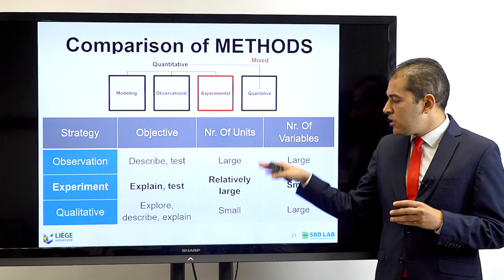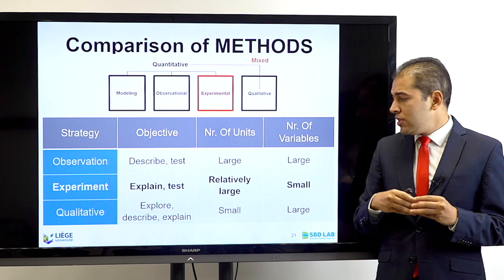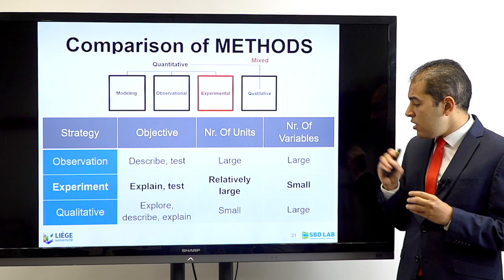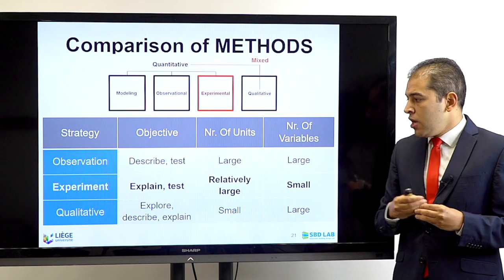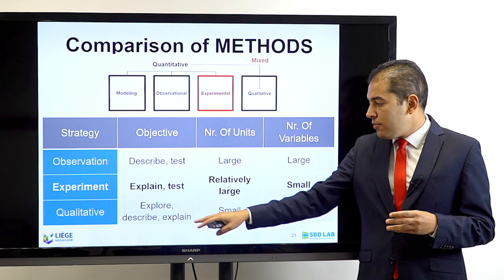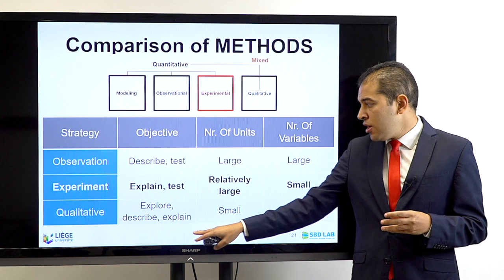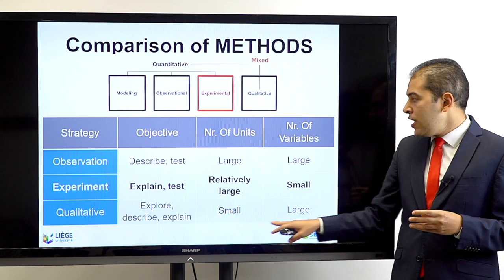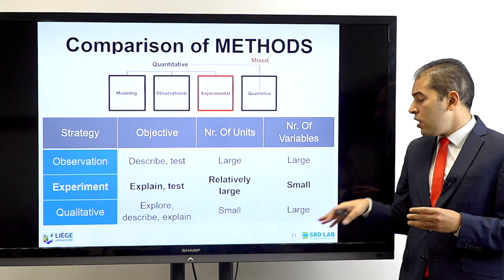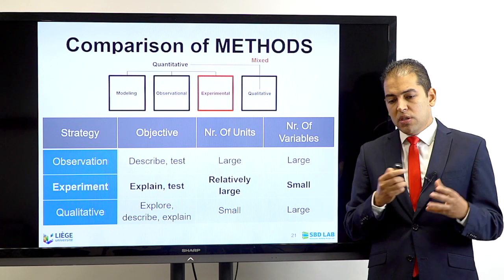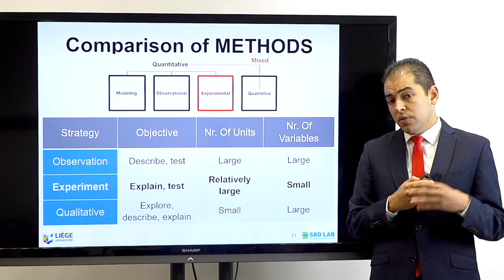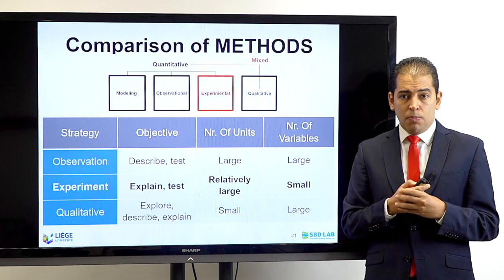We use a relatively large number of units, and we have a small number of variables that we are investigating. When it comes to the qualitative, we are aiming to explore, describe and explain. We have a small number of units and a large number of variables. So this is a very short comparison of the three methods of research.